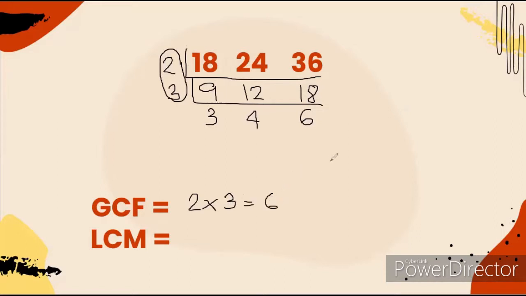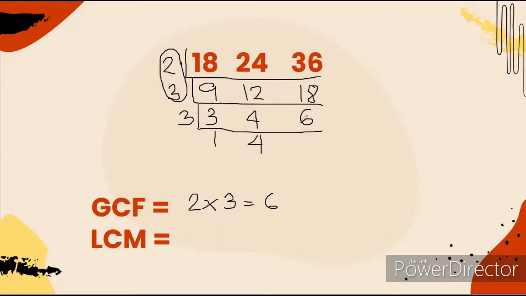Very good. Now, for the LCM, we have to continue the process, even though they don't have common factors anymore, because as you can see, we have 4 and 6, which are not yet prime numbers. So we will continue dividing. We can use 3, since we have 3 and 6. 3 divided by 3, that's 1. 4 divided by 3 cannot be, so just bring down 4.